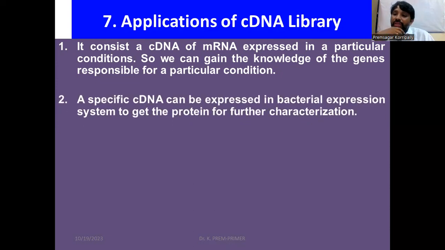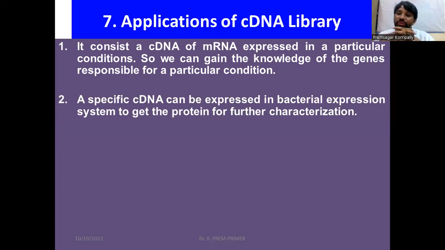And the second point is that eukaryotic genes have introns and exons. When they are converted into mRNA and cDNA, they have only exon sequences, not the introns. Introns are gone in the splicing. So eukaryotic cDNA can be cloned into a bacterial expression system, and you can get large quantities of protein.